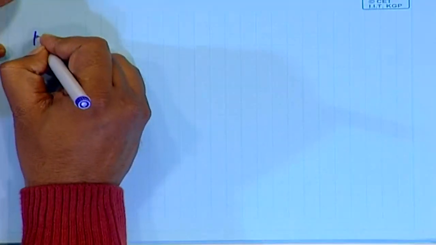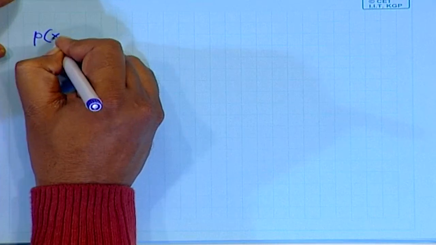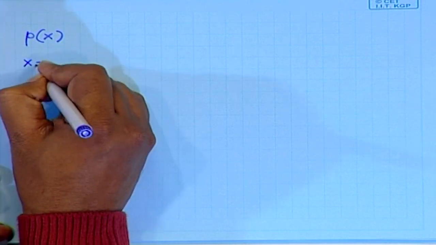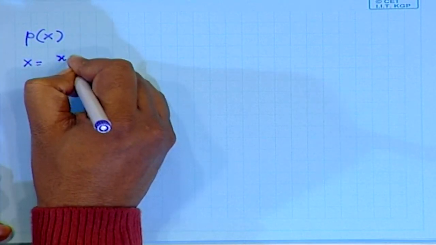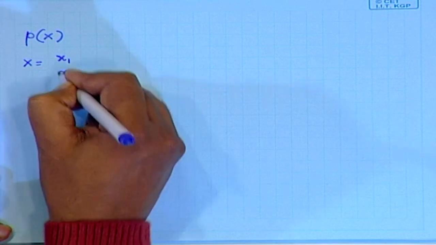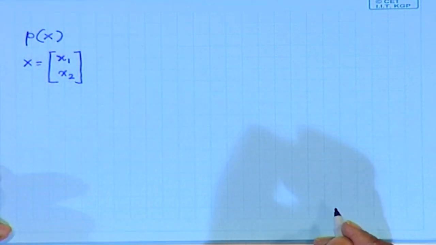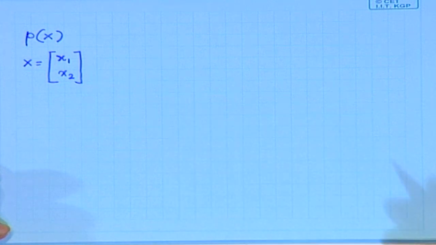Okay. So, suppose I talk about only two variables x and y, or I talk about the normal density of a vector x, where this vector x has only two components, x1 and x2. So, this is a bivariate normal density.